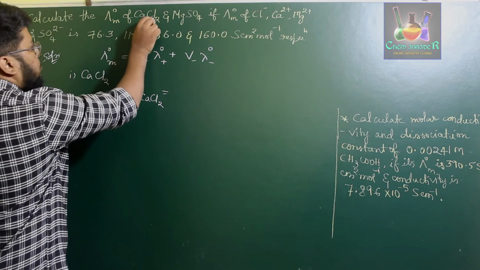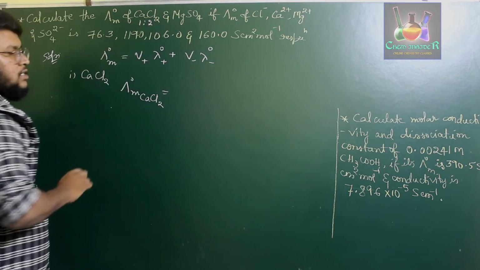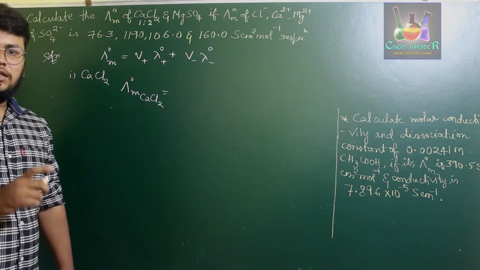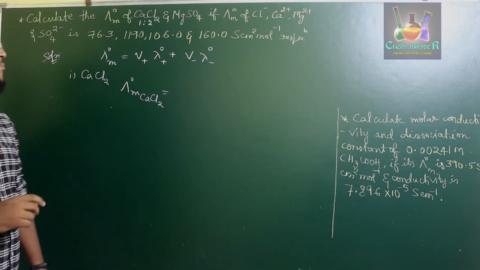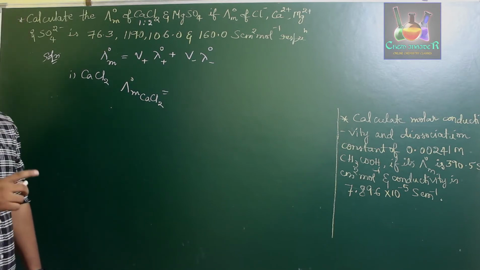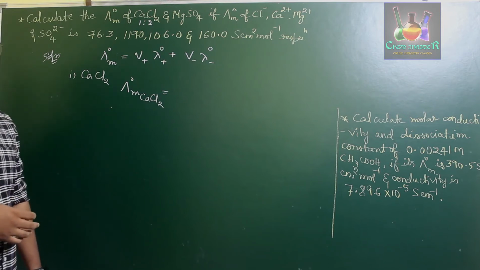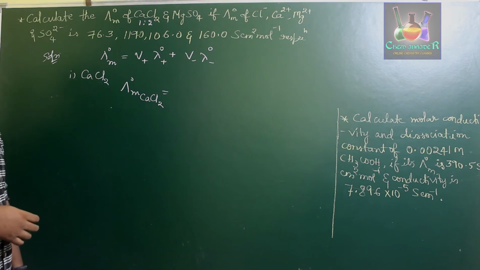We discussed the types of strong electrolytes, right? If you take NaCl, that is a 1:1 type of electrolyte. If you take MgSO4, that is a 1:1 type of electrolyte, or you can also take it as a 2:2 type. Here CaCl2 is a 1:2 type of electrolyte.